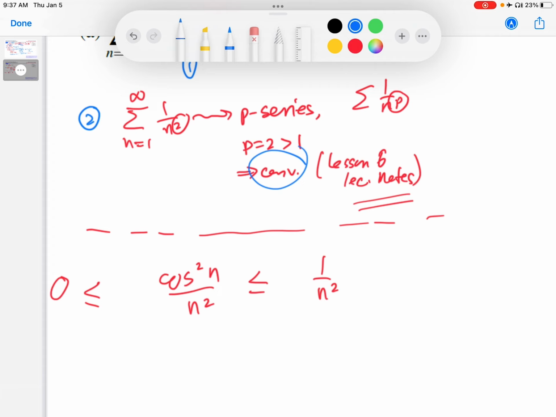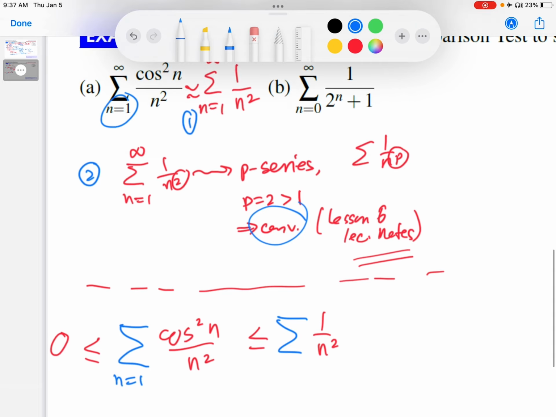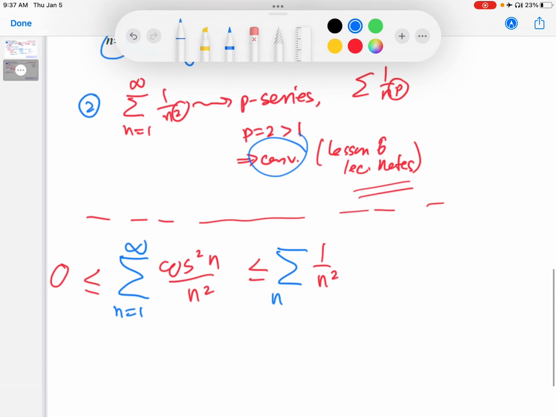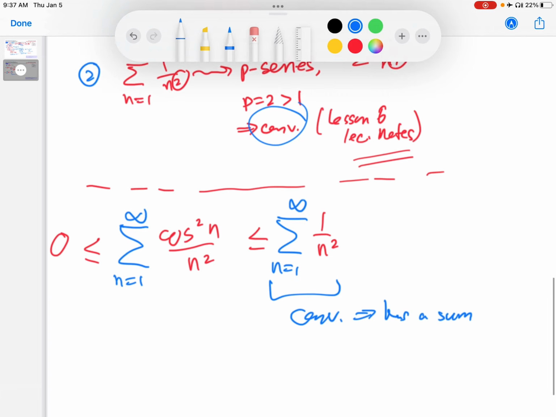Then basically you can see intuitively if I sum all of these terms, in this case n starts at 1 to infinity, then this one, because it converges, has a sum, right? It sums to something. So then, therefore, that's going to imply that this one is going to converge. And that's basically the direct comparison test in a nutshell.